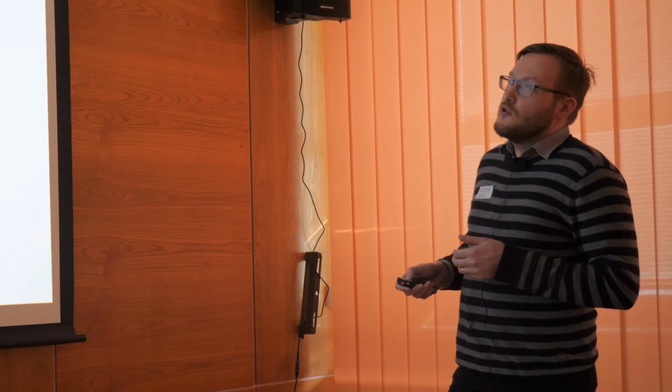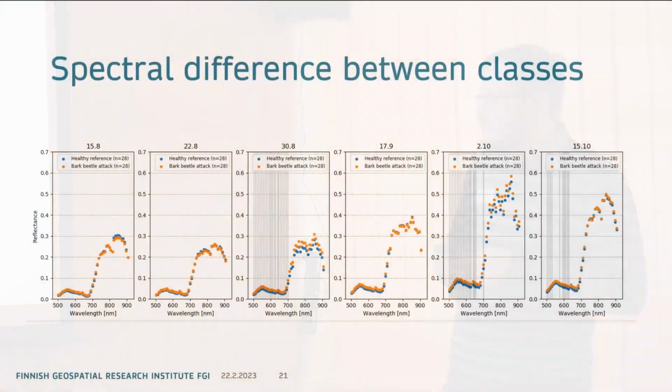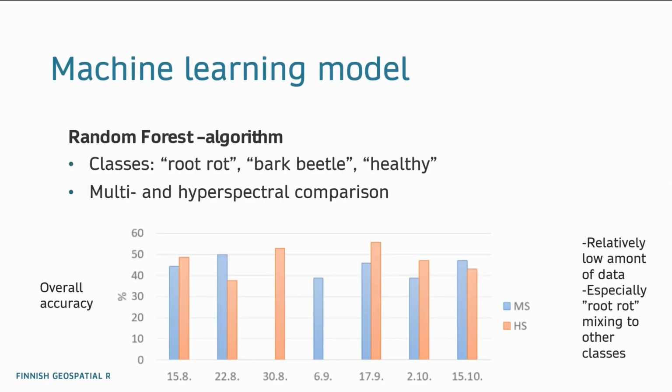The difference was not so big, probably because the bark beetle effect was still very mild in most of the trees. But we can see here, the gray lines indicate where the spectra is statistically different. So we see more changes in the visual range than in the near infrared range, actually, in this case.